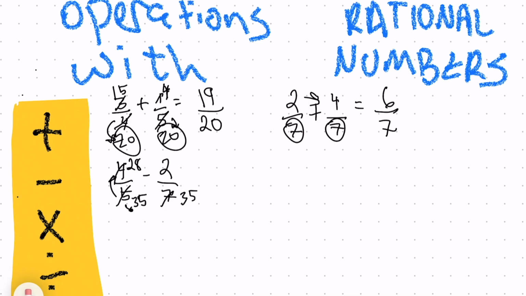How many times does 7 go into 35? That is 5 times. So we take 5 times 2, which is 10, and now we have our common denominator of 35 that can be placed at the bottom, and then we subtract 28 minus 10, which is 18. And notice here that we can't simplify this any further.